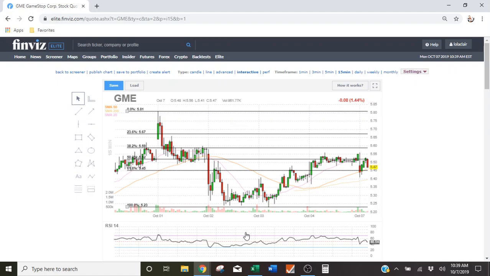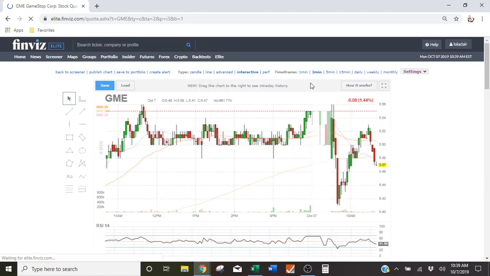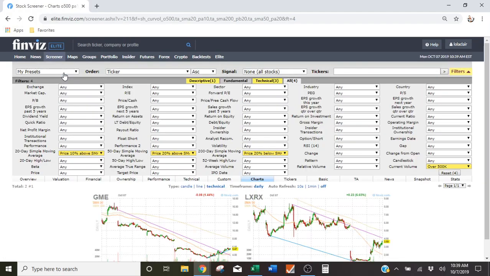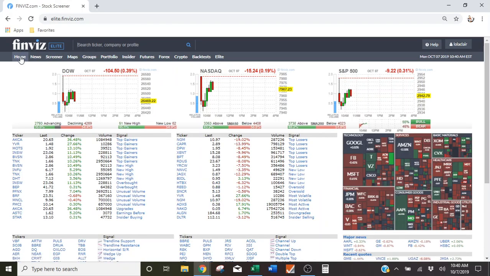Okay, so yeah, this is the stock above, and I don't usually trade these stocks, but I was just doing that to show you how you can use this to manipulate stocks to fit your trading style. All right, so basically that's it for me.